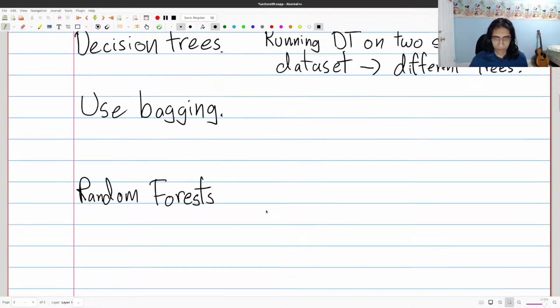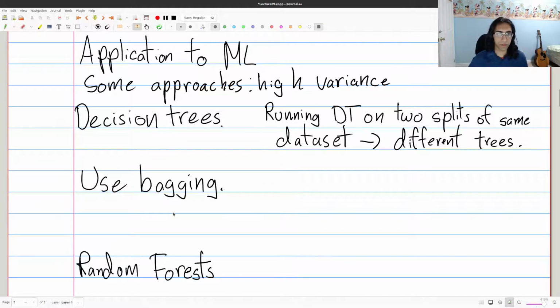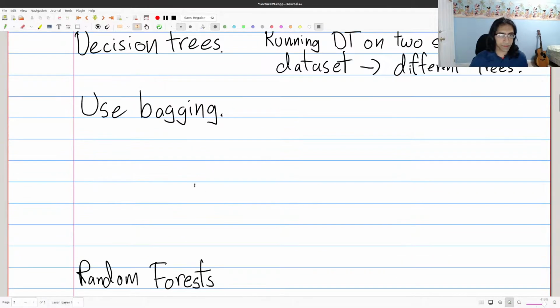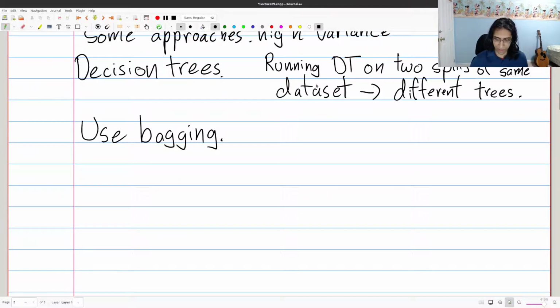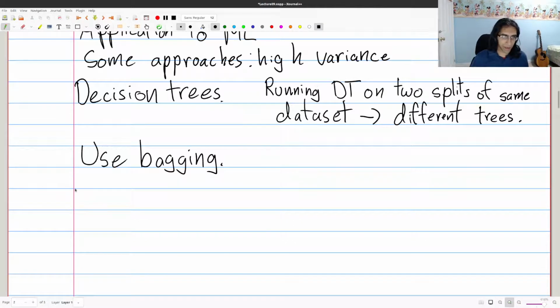Now, okay, so a little bit more space here. So how do we use this? Well, it's pretty much exactly what we said before. So step one is we're going to bootstrap sample many data sets.